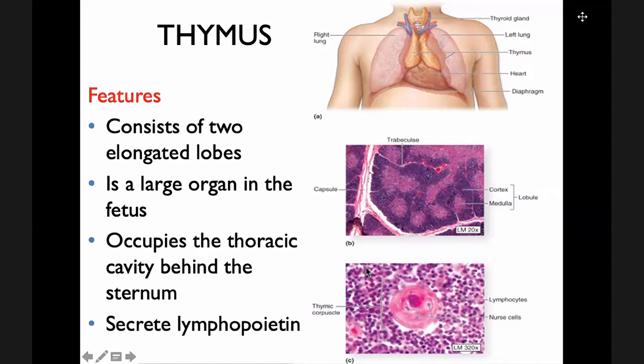Pretty well organized tissue. More or less the structure is similar. So you have this capsule, trabecula, and then cortical and medullary region, where this T cell development process takes place. They are sensed in a way that if you find autoreactive cells, that means if these cells react to peptides which are of your own origin, these cells die.